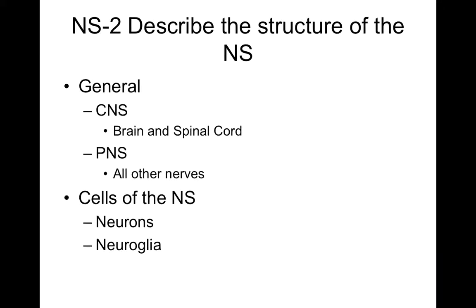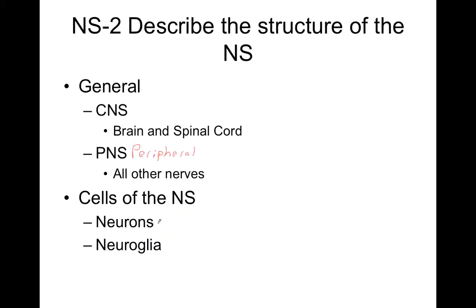The structure of the nervous system. The nervous system is broken down into general structure. The CNS, the central nervous system, and that's the brain and spinal cord. And then we have the PNS, which is the peripheral nervous system, and that's all the other nerves in the body that are not in the brain and spinal cord.